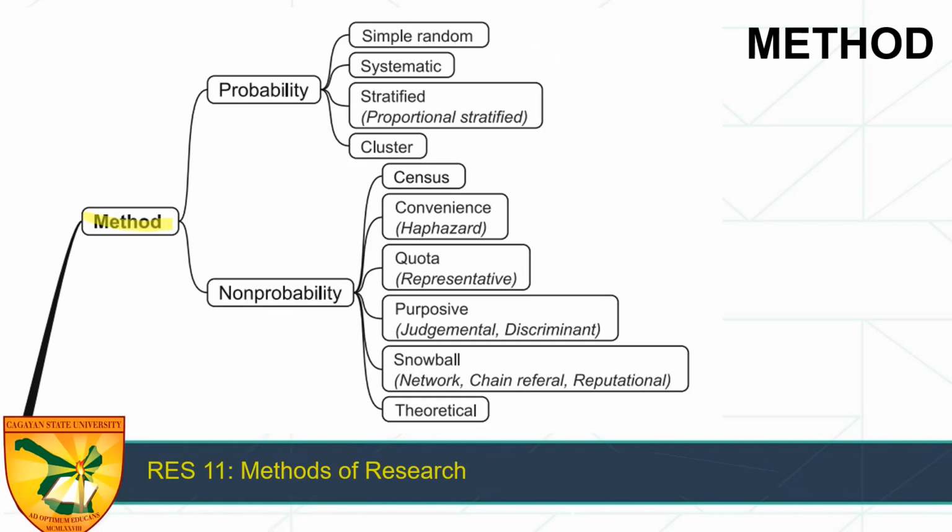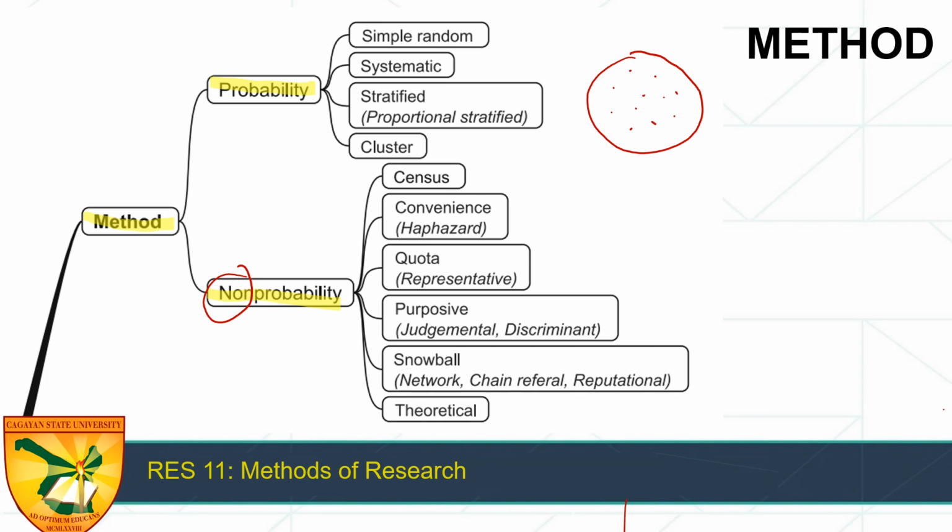So for method, you have probability and non-probability sampling. In probability sampling, you give a chance to each member of the population to be part of your sample. Unlike non-probability sampling, you don't give equal chances for everyone to be part of your sample. For simple random sampling, you just randomly select respondents from the population.